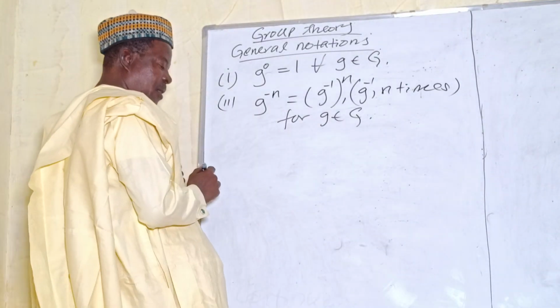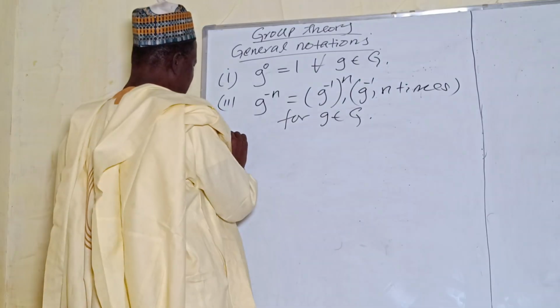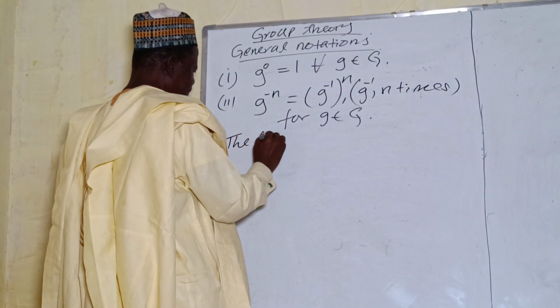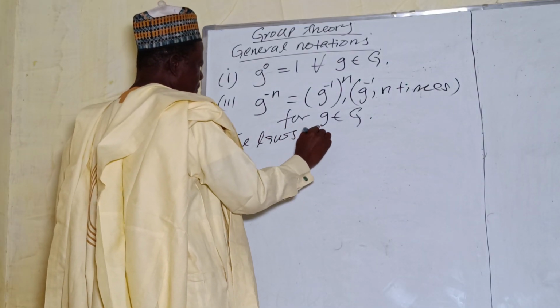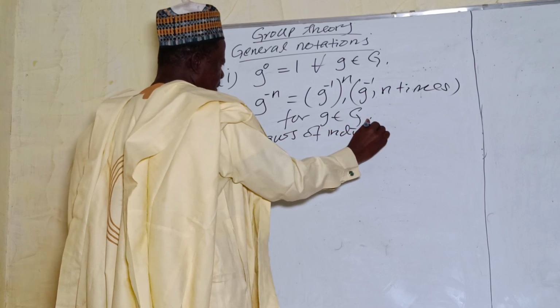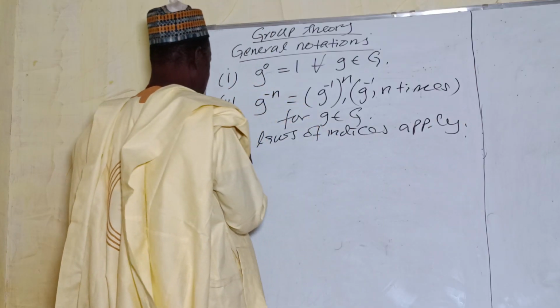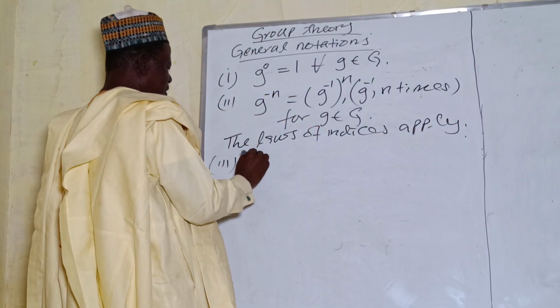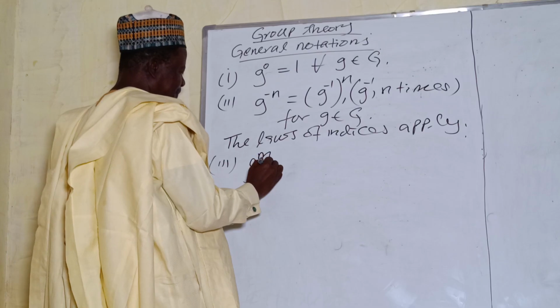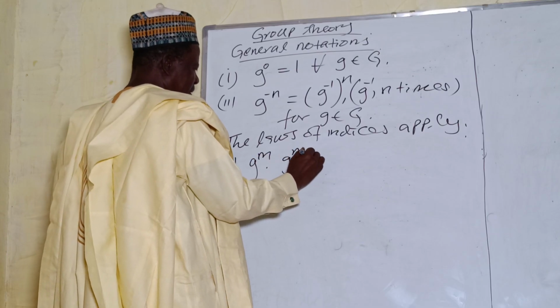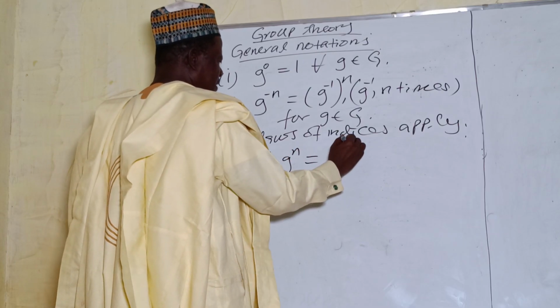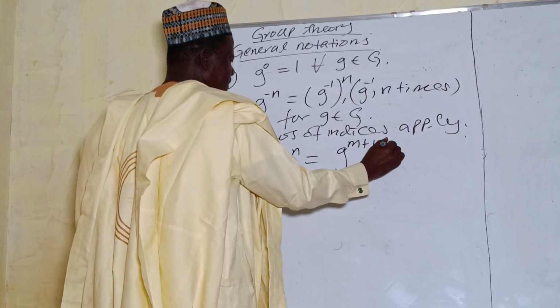Okay. In fact, the laws of indices apply, such as g raised to power m, g raised to power n, we can write this as g raised to power m plus n.